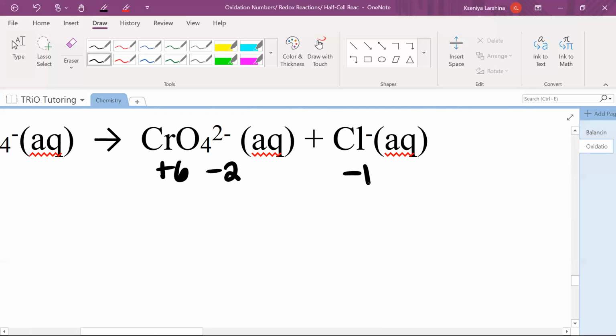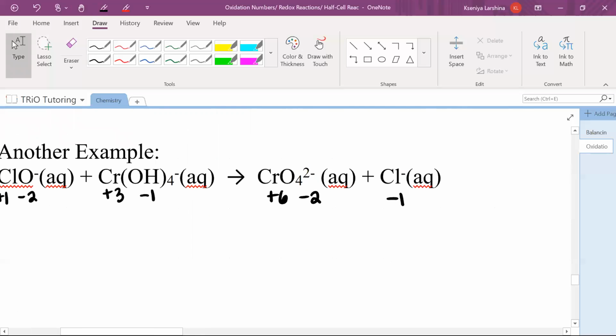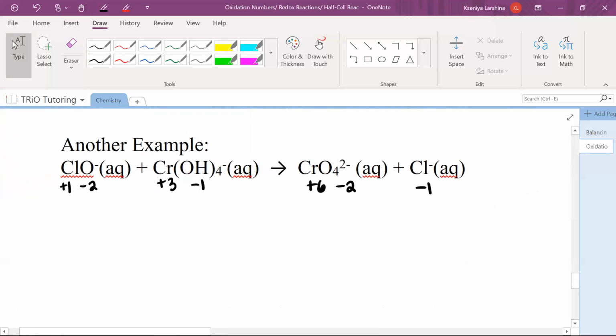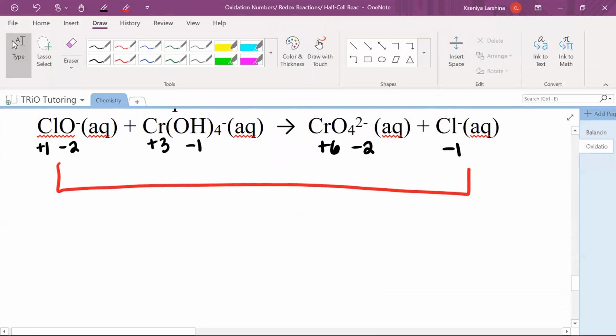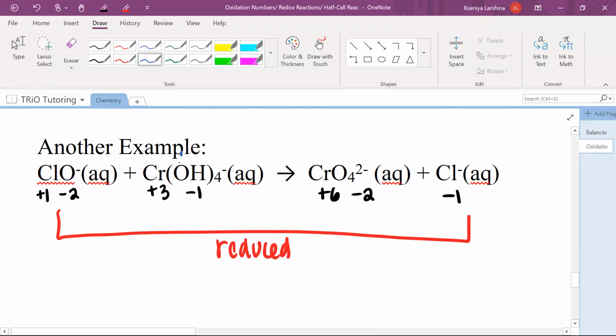Cl is a negative 1 because that is its charge. So here our chlorines are reduced. They gained electrons. And our Cr had lost electrons, so they are oxidized.